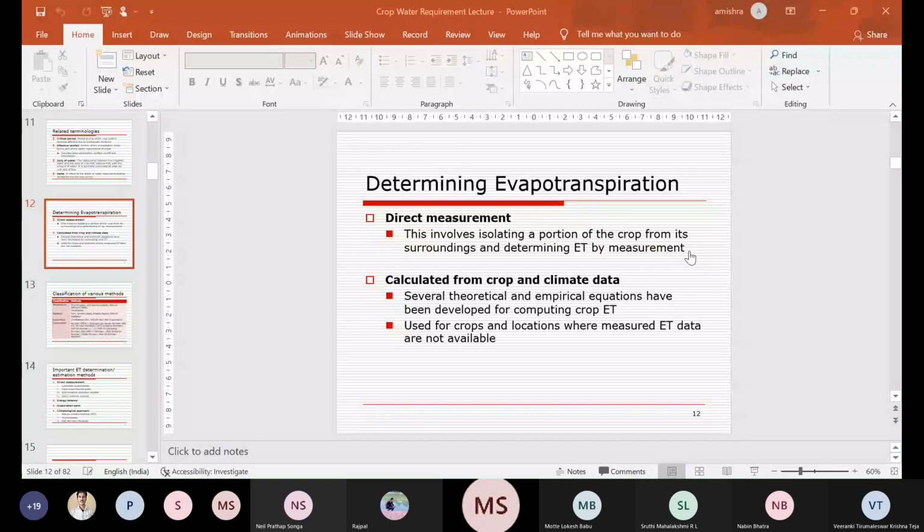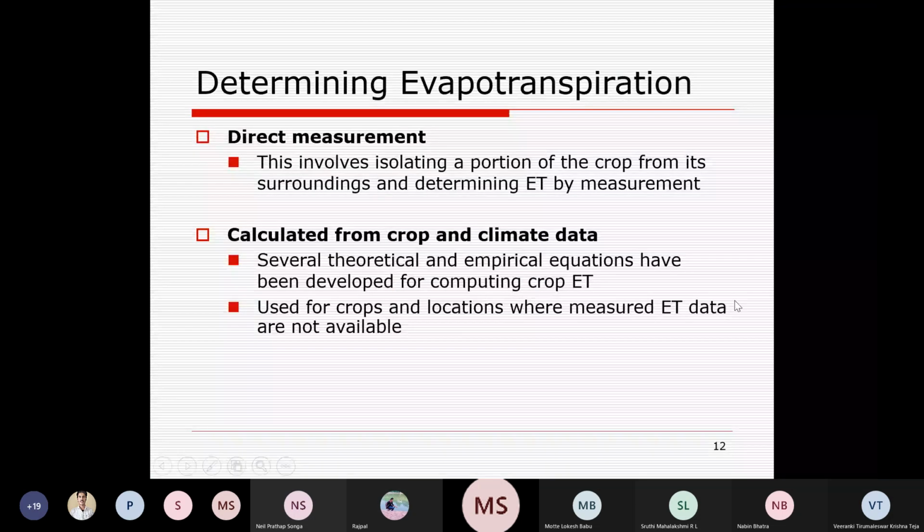Sir, just a minute. Sir, yes, sir. It is visible now. Connection is very weak. Sorry. Sir, now maybe you can see? Off your video so that you can save net.